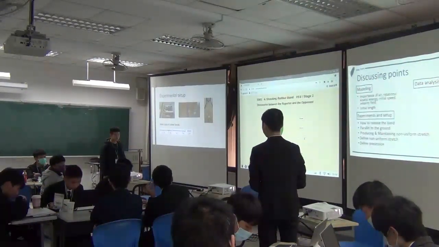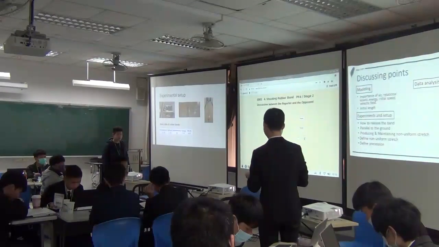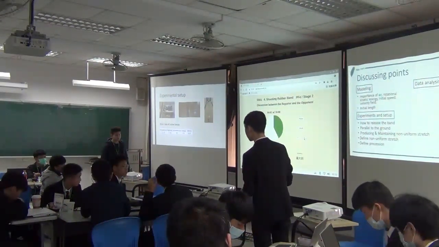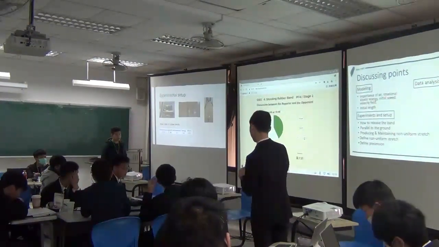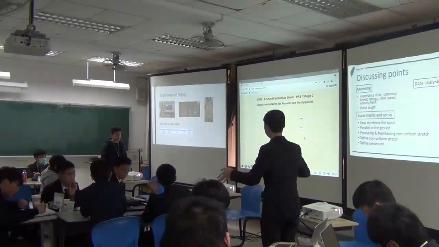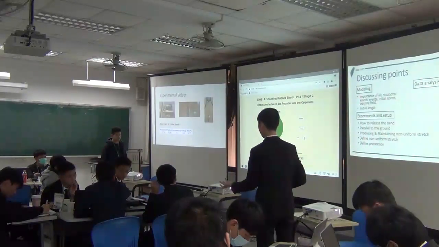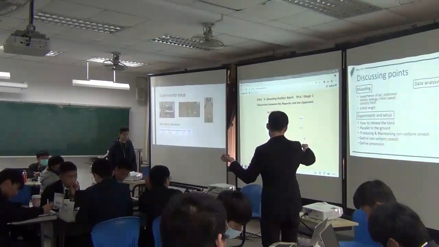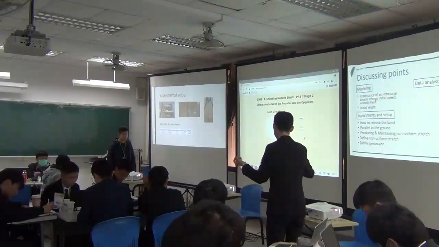Okay. So is your setup parallel to the ground? Have you measured it? Because you mentioned that you measure the distance between your launching point and the point where the rubber band falls to the ground.